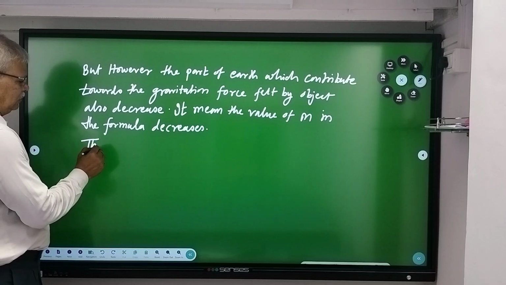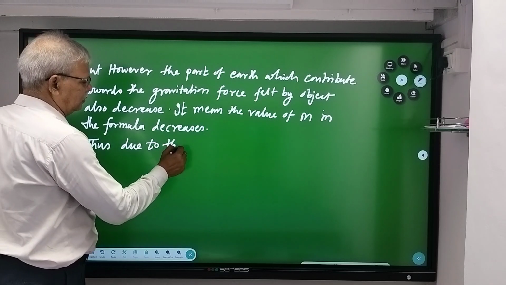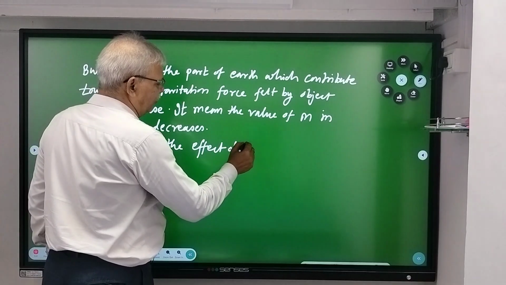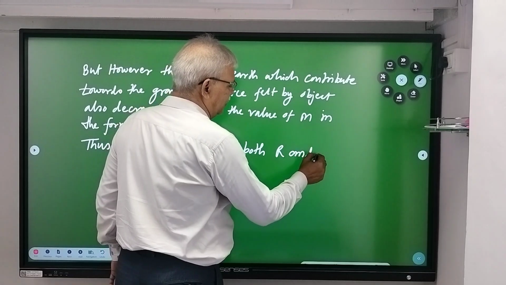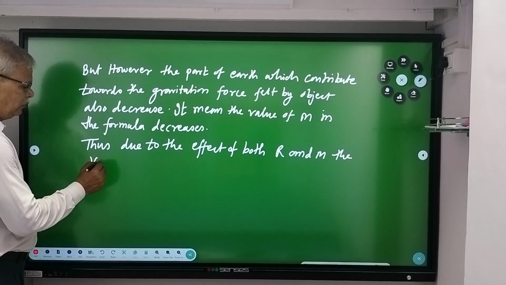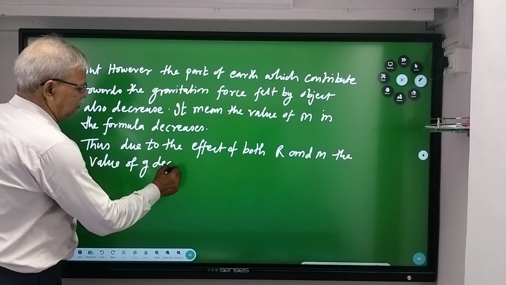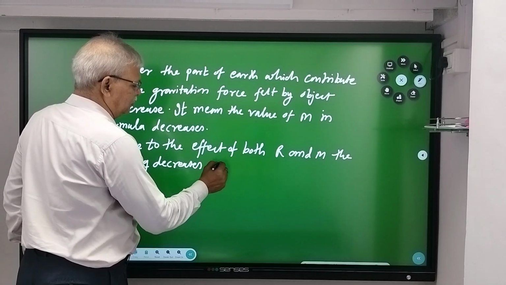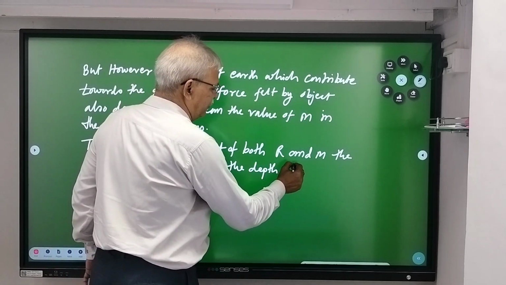Thus, due to the effect of both R and M, the value of G decreases in the depth of Earth.